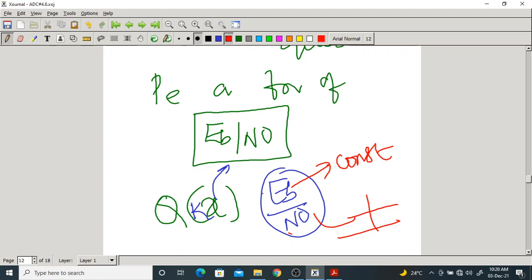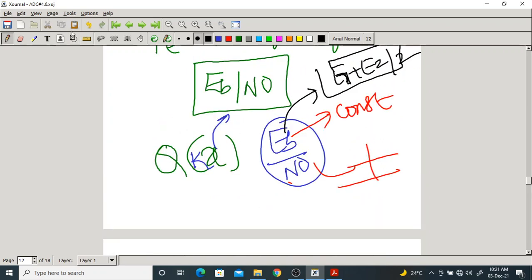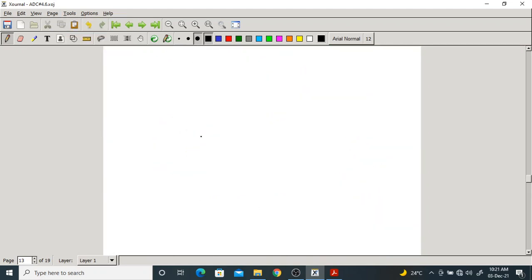But EB should be kept constant across all schemes so that we can compare properly. Same in the sense the formula should be same, that is E1 plus E2 by 2. This should be EB. If it is same, later we can compare. In our discussions we have kept it constant, so now we can compare.